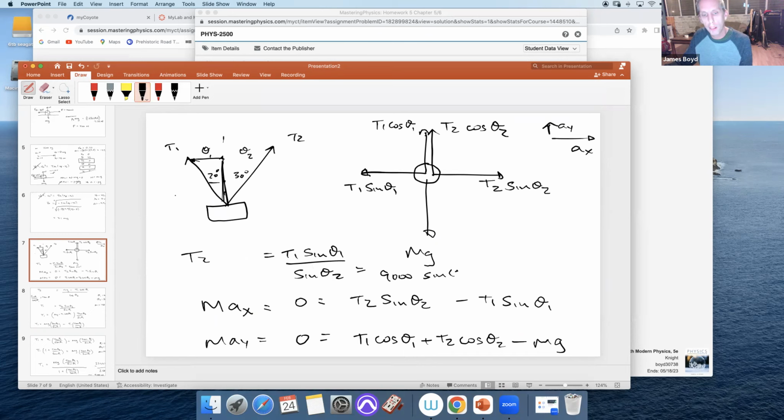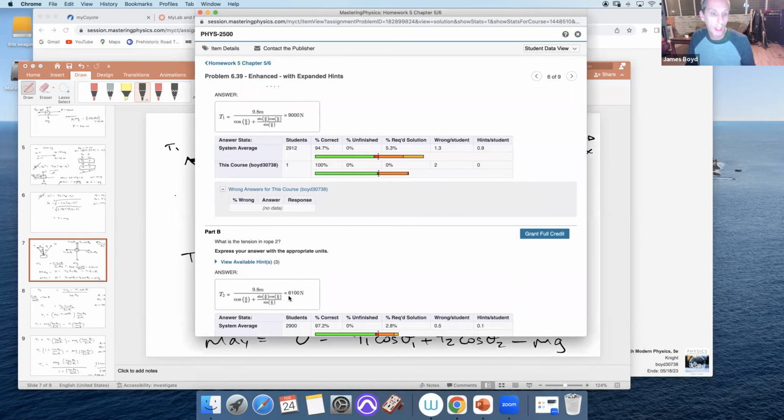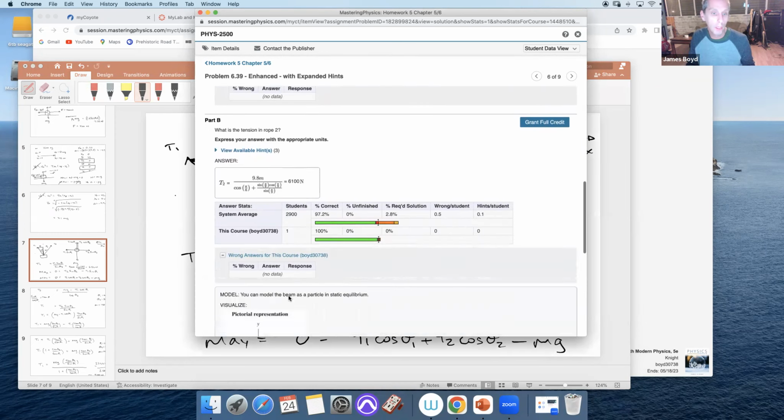So that's 9,000 times sine of 20 divided by sine of 30. That's about 6,156 newtons, so 6,200, I would guess, or 6,100 is what they're getting.